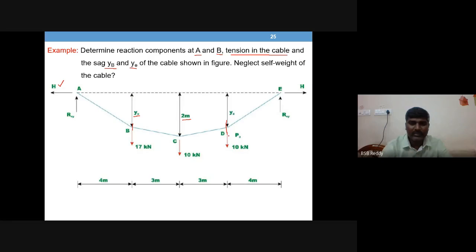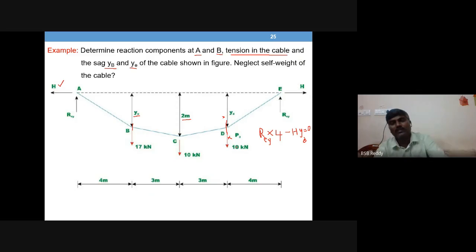Same way for D. Take a section at D, sum of all moments to the right. So what do you write? REY into 4, anti-clockwise positive, minus clockwise H into YD, is equal to 0.